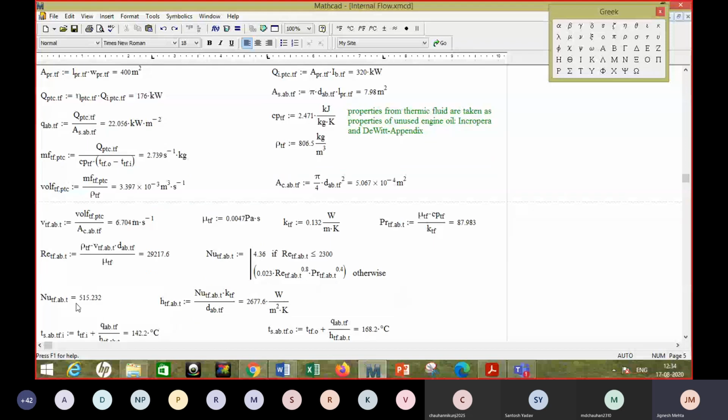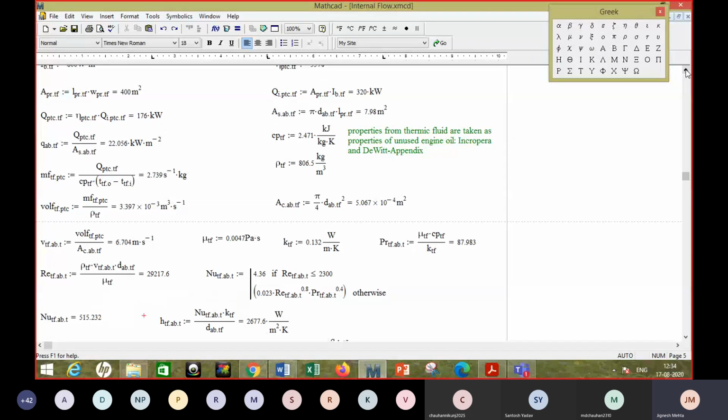The Nusselt number is around 515, and now you can calculate the heat transfer coefficient, which is Nu k by D. k is the thermal conductivity of the thermic fluid and D is the diameter of the absorber tube. With that, you get the heat transfer coefficient around 2678.